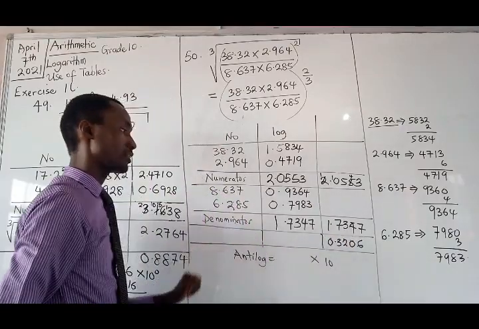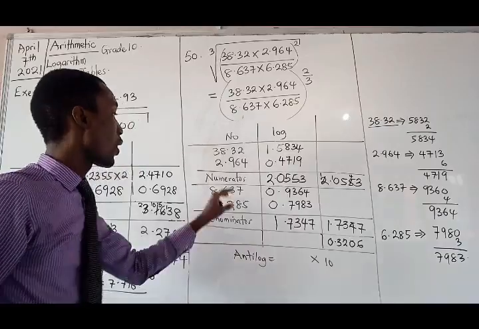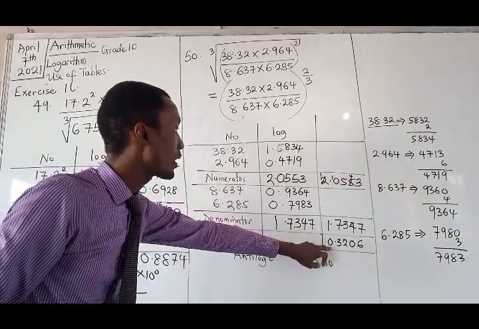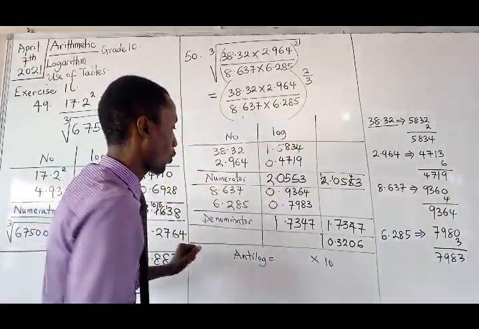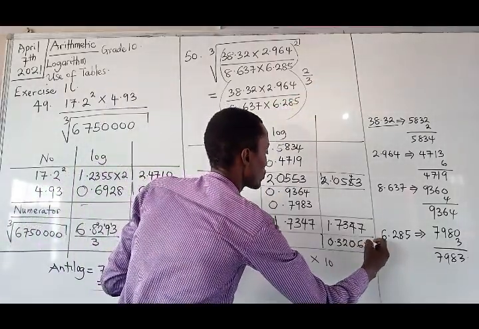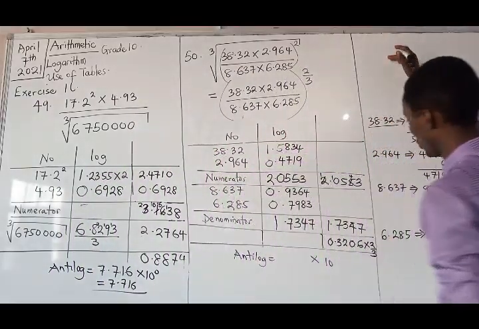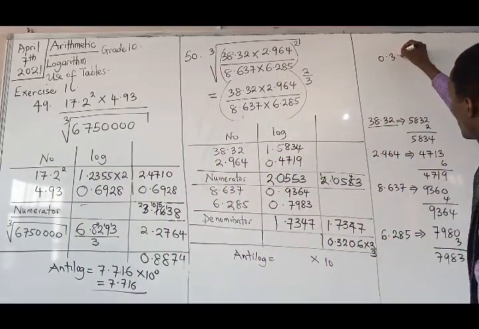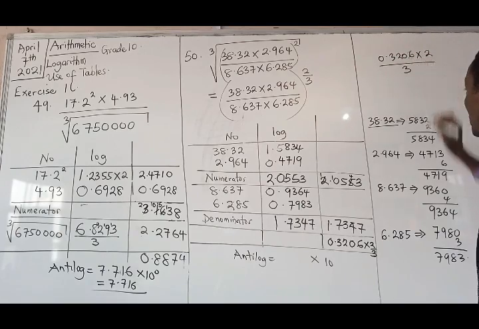So that's 0.3206. Remember that whatever we have gotten here must be multiplied by 2 over 3. So I will come here and now say times 2 over 3. So I will come this way and do the computation. That will be 0.3203306 times 2 divided by 3.